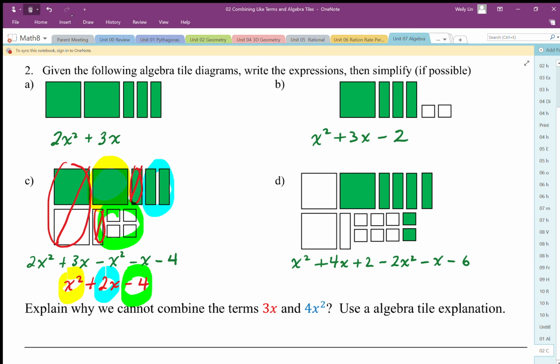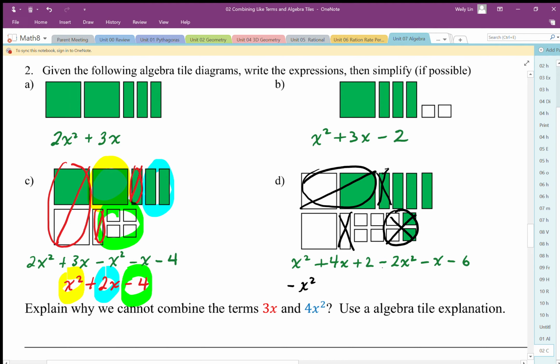When I group together my like terms, okay, I have zero pairs here, those cancel. I have 1x squared and 1x squared, so those cancel. I can group together 2 negatives and 2 positives, and those cancel. So what's left over then would be 1 negative x squared.